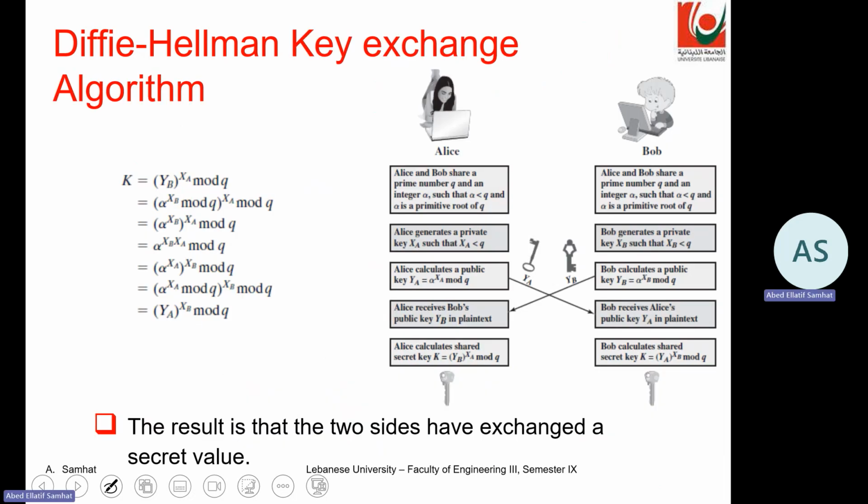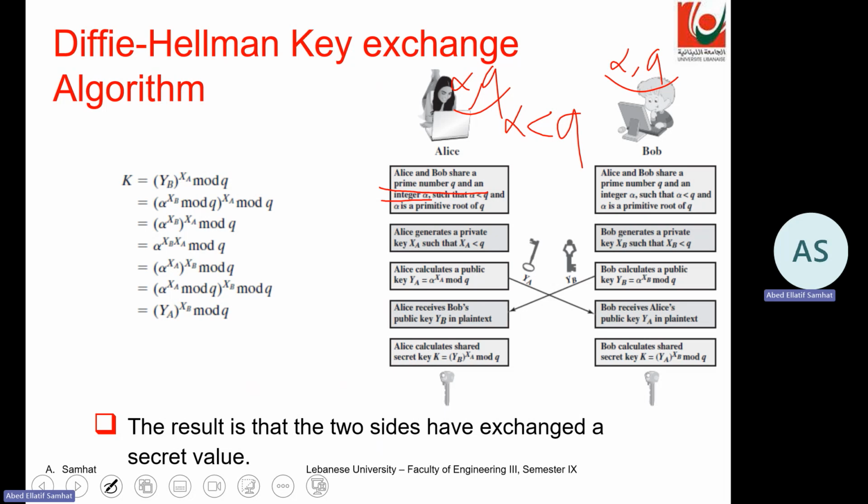Using this, the idea of Diffie-Hellman is to exchange a secret key. What Alice and Bob share is a prime number q and an integer alpha less than q. Both are aware of alpha and q; those are public information, or what we call public numbers.